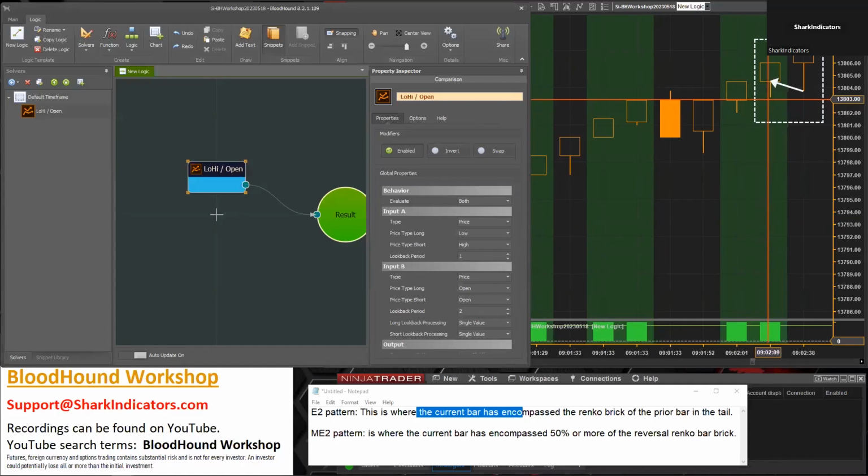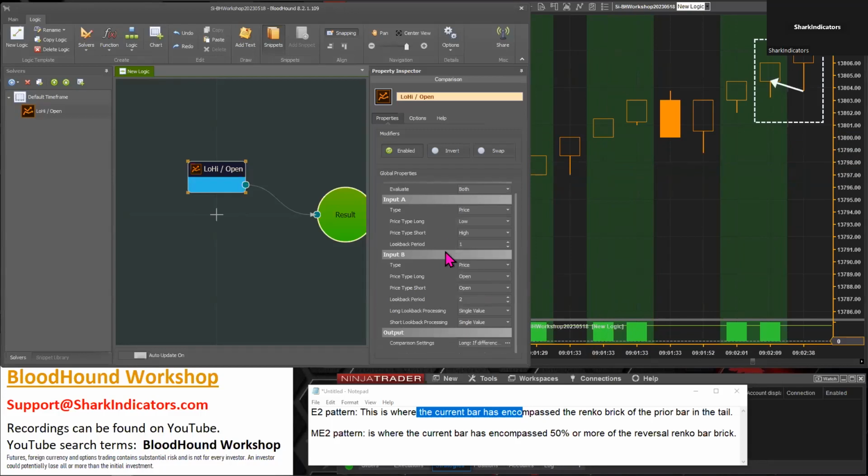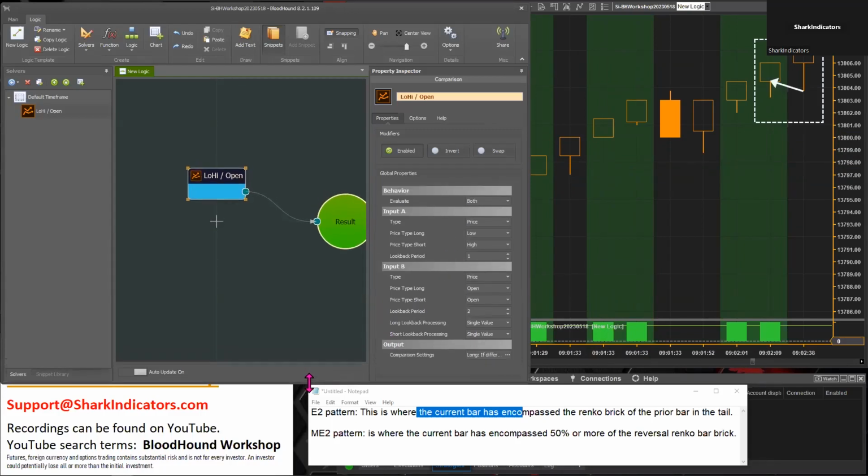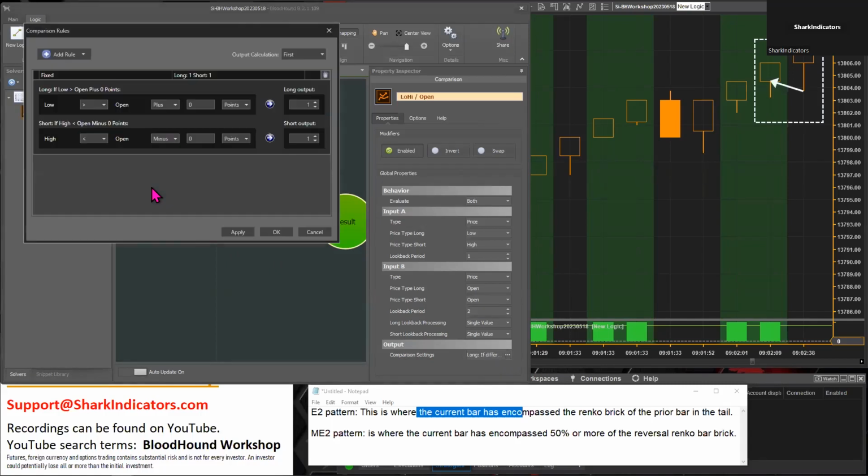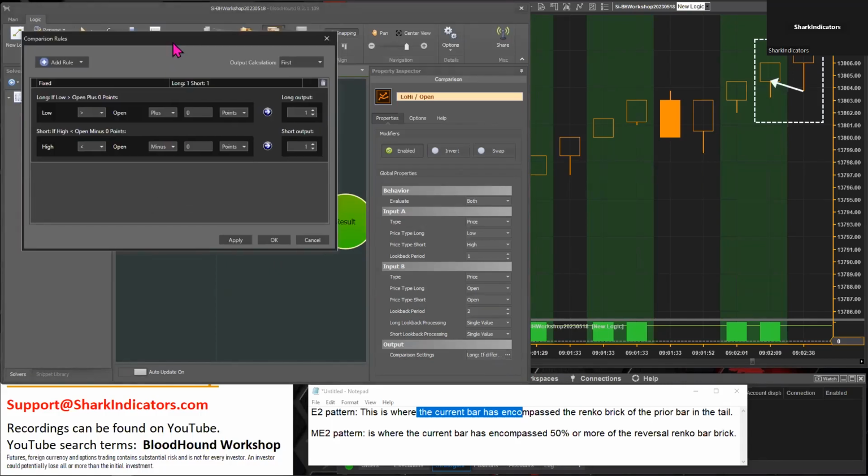And let's see, so we do have some outputs already here, but as we can see, they're not quite right. So what that means is, let's stretch this open a little bit more, we need to go into the comparison settings here and make sure that the rules are set up correctly. Wait a sec for that window to build. There we go.